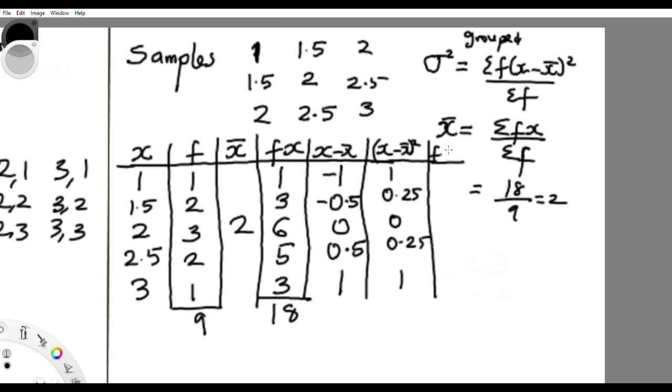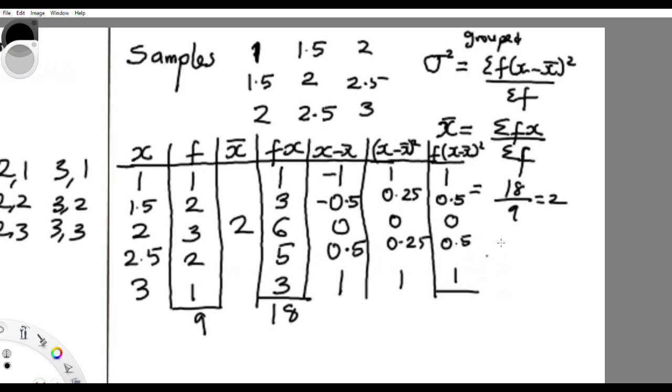Remember you have to multiply f times (x minus x bar) squared. So frequency 1 times 1, that's 1. Frequency 2 times 0.25, that's 0.5. 3 times 0 is 0. 2 times 0.25 is 0.5, and 1 times 1 is 1.